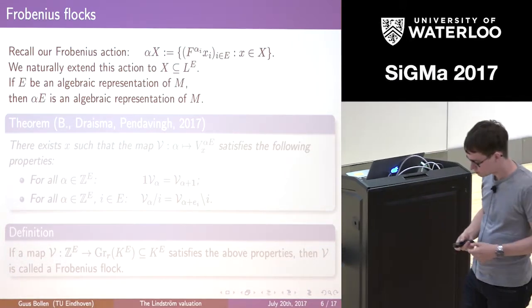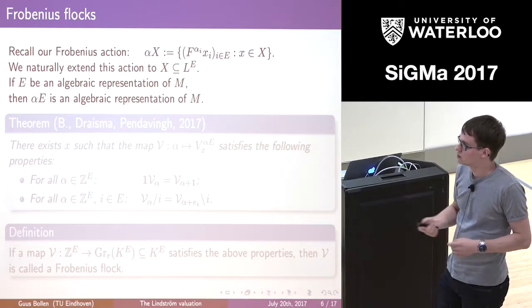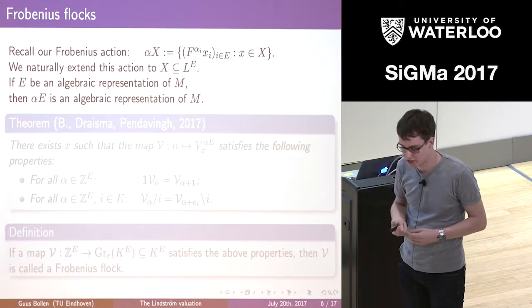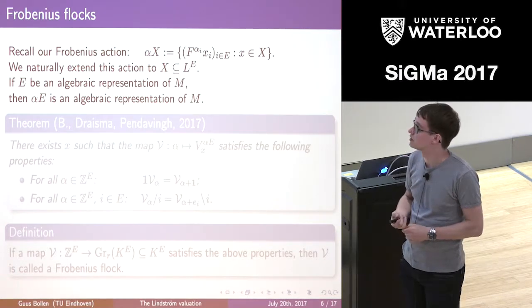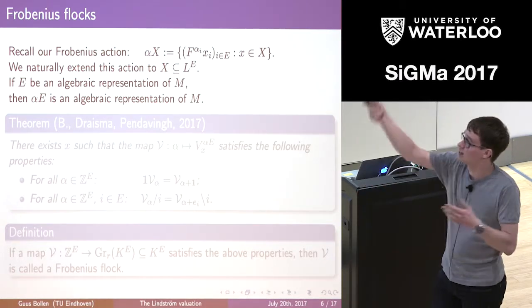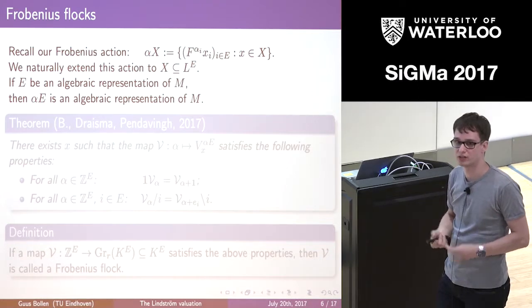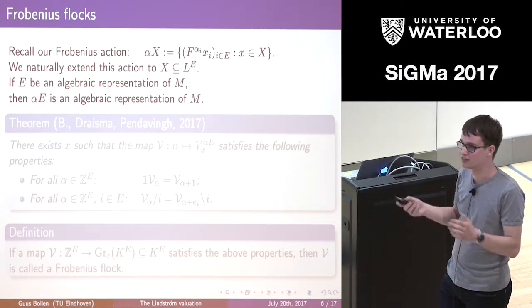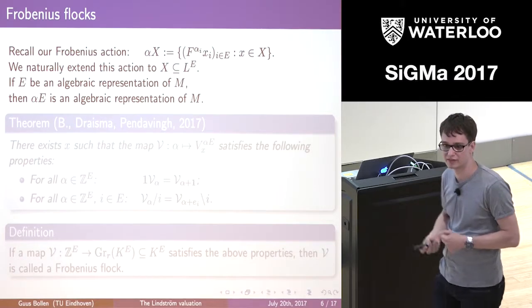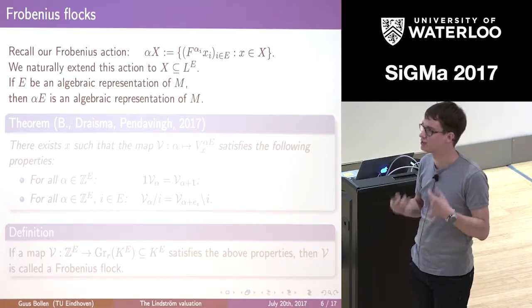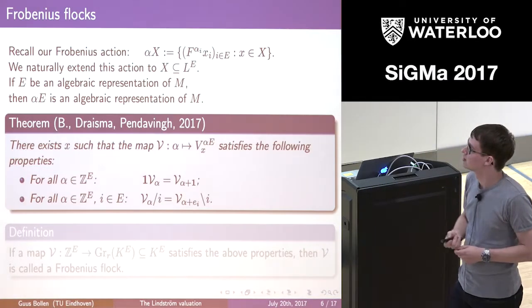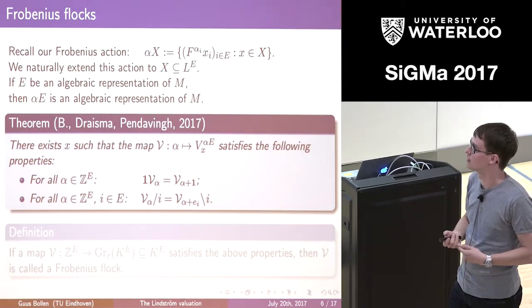So we are going to take our original algebraic representation, and for all integer vectors alpha, we're going to look at the algebraic representation we get and the respective linear space we get from that, and that will give us a Frobenius flock.